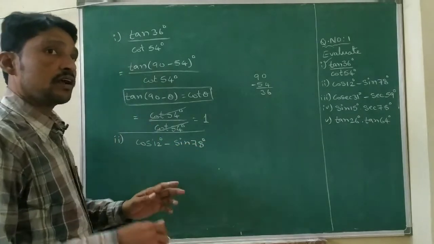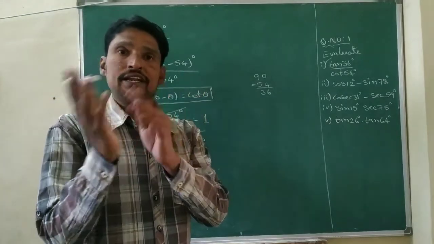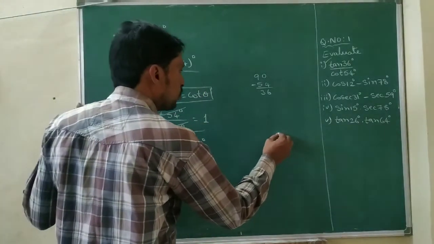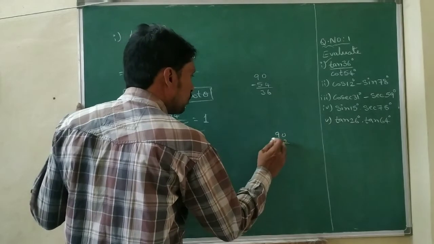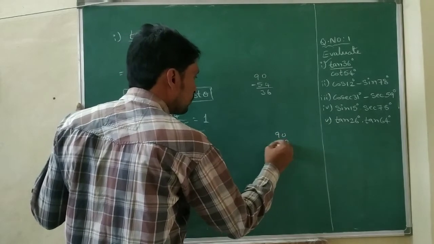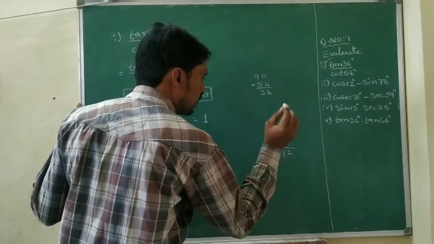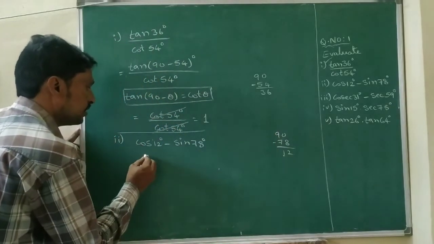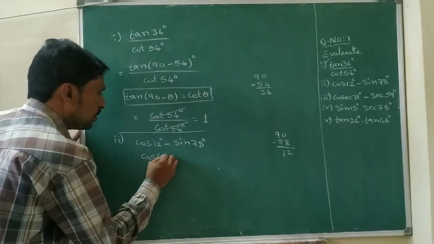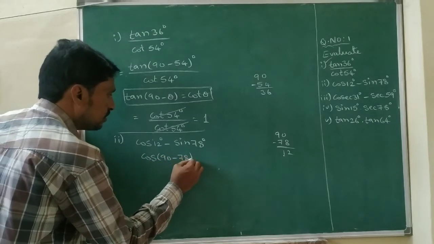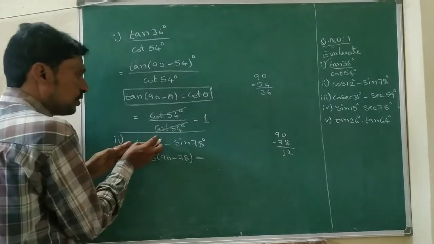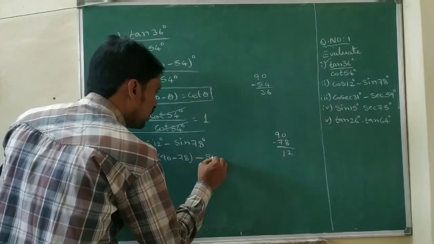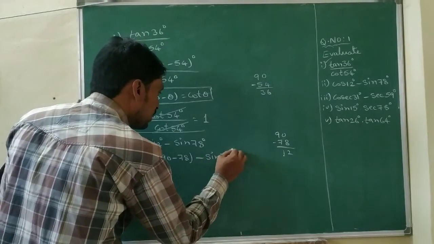For 12 degrees we take the complementary angle: 90 minus 78 is 12. So we write cos (90 minus 78) minus sin 78 degrees. Only the first term I am changing; the second one is as it is. Only one we need to change.